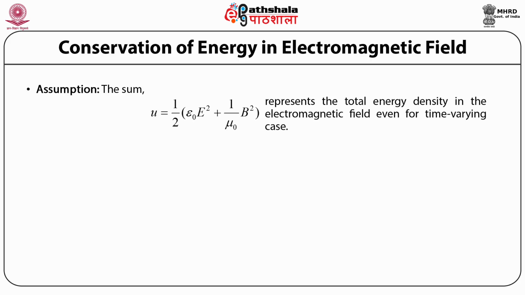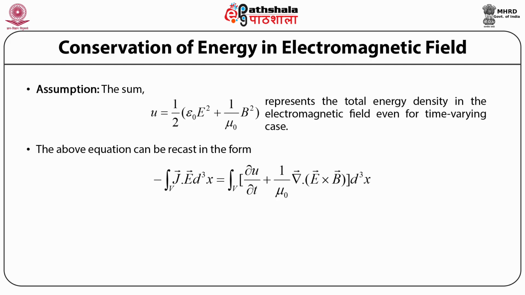So using these expressions in the above equation, we finally can write down the expression as: minus of the volume integral over the volume element d cube x of the dot product of the current density J and the electric field E is equal to the volume integral over d cube x, bracket open, del U by del t, where U is representing the total energy density in the electromagnetic field and is given by half times bracket open epsilon naught times E square plus 1 upon mu naught times B square bracket close.